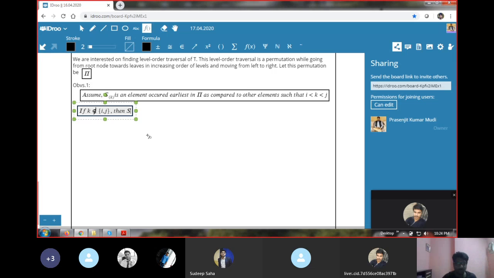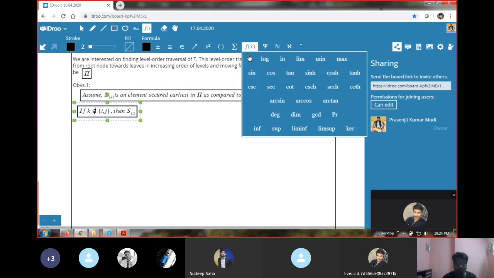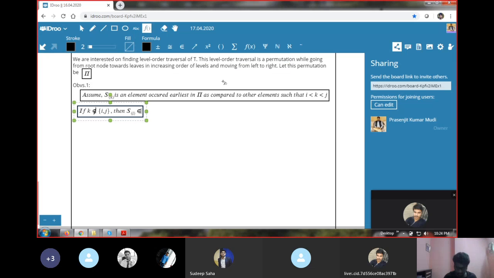So then si belongs to the left subtree of sk.